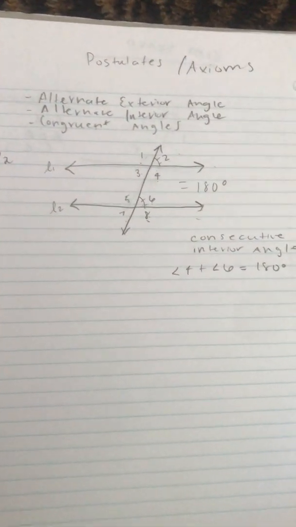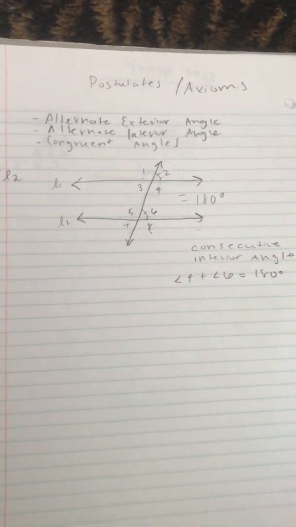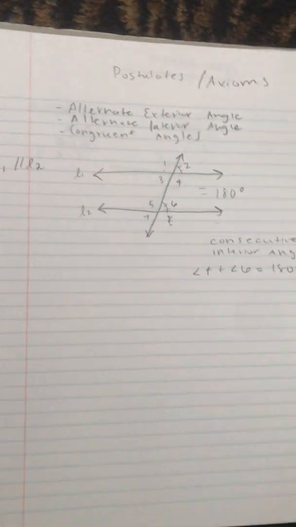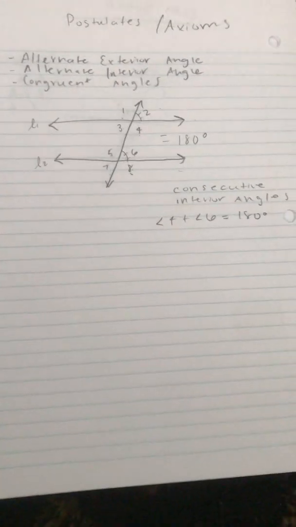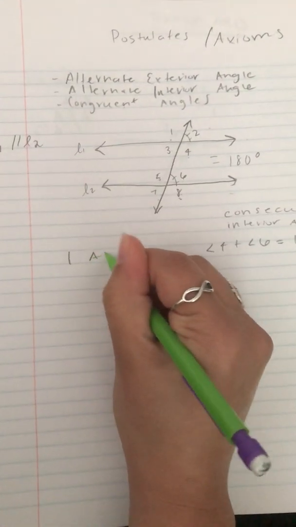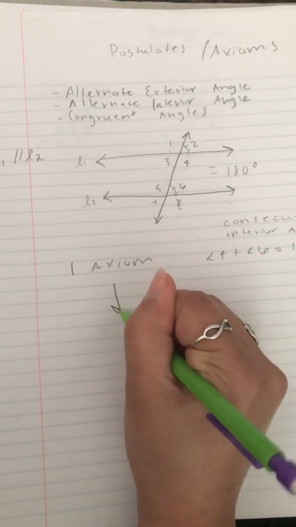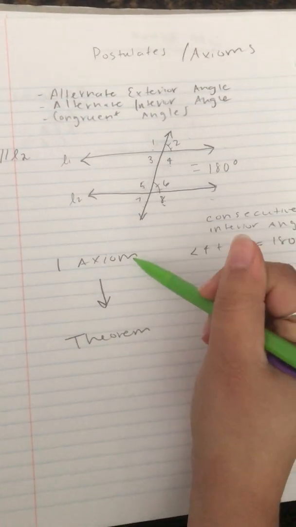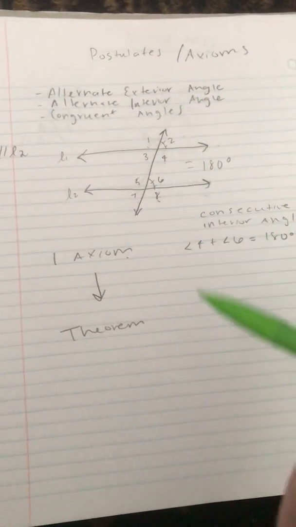Now our next section is going to be over how the axioms and all the postulates correlate with each other. So you might be confused on how, when you have one axiom, you form your theorems, correct? Well, to start with a certain axiom, it doesn't have to be the same axiom every single time.